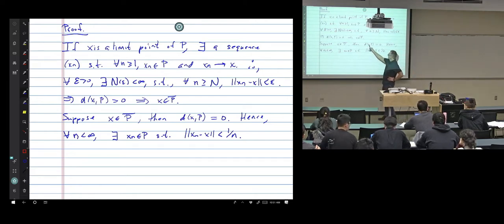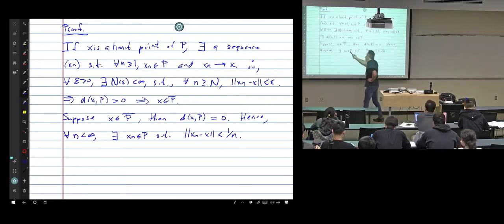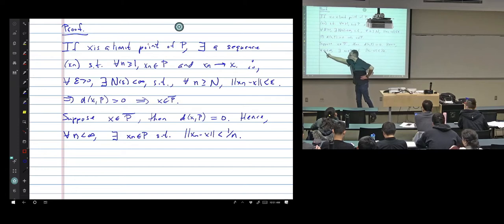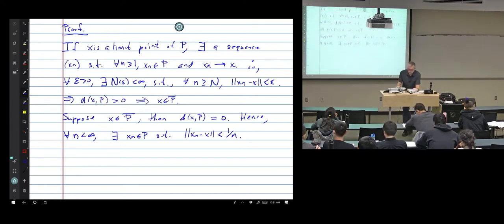Okay, so the distance from x to P is 0 means for every epsilon positive, I can find an x in P such that the distance is less than epsilon. So I just specialize my epsilon to the form epsilon equals 1 over n. Okay, so I can generate arbitrarily small elements.